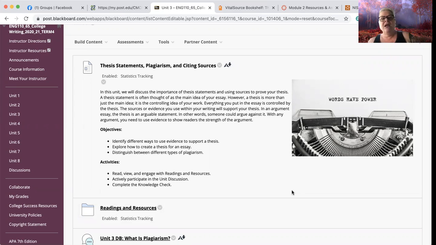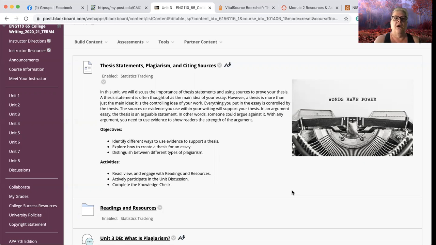So we're going to be exploring the world of thesis statements, which are sometimes tricky, how to avoid plagiarism, and of course how to cite your sources properly, which is the number one way of avoiding that accidental form of plagiarism that sometimes happens.